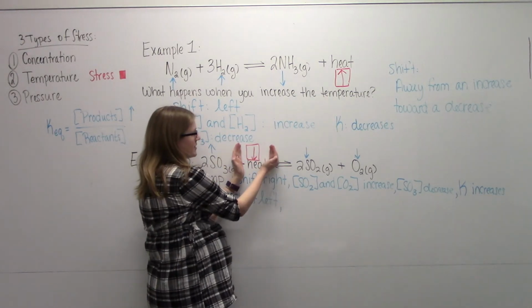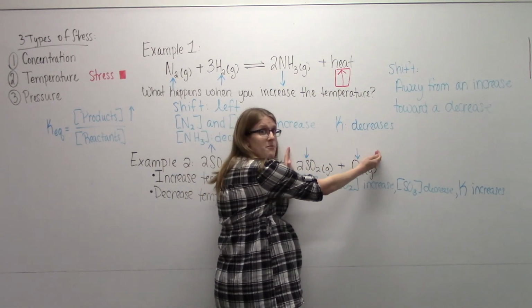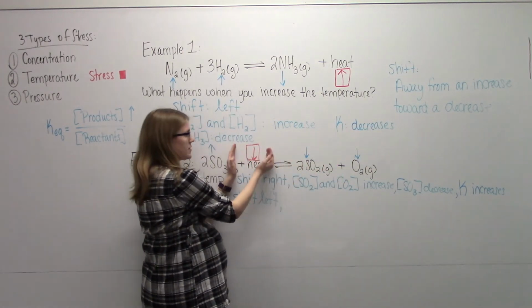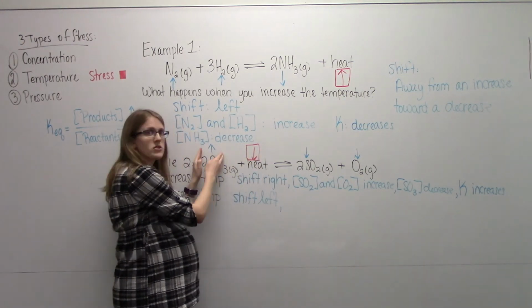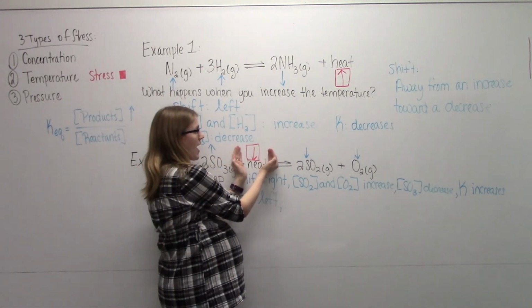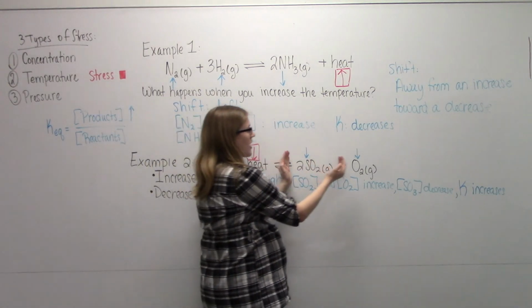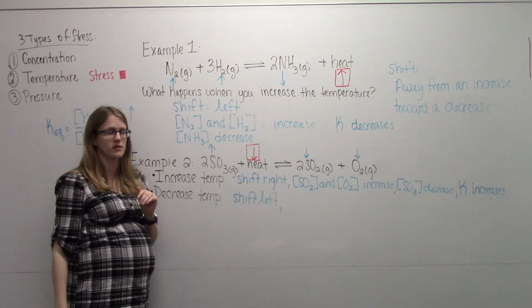Here's what we did to the reactant side as a stress. The products are all going to do the same thing as the stress on the opposite side, whereas the thing right next to it is going to do the opposite thing. So if we decreased reactants as a stress, we've got to decrease products and increase reactants.